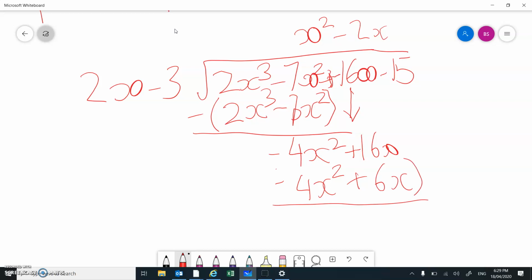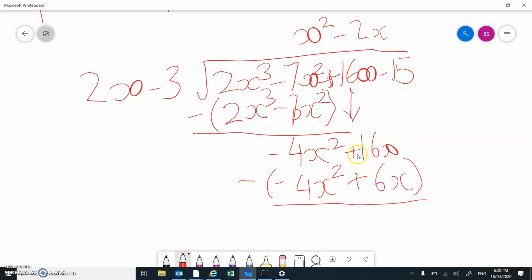Don't forget to always put a bracket around that whole thing and a minus. So minus 4x squared minus minus 4x squared gives us 0, because that's a plus. 0, which is what we expect.